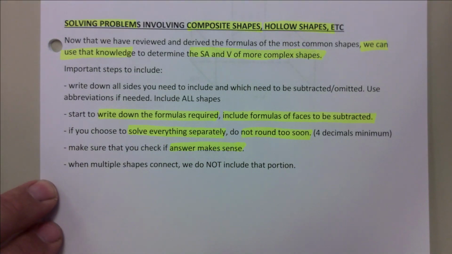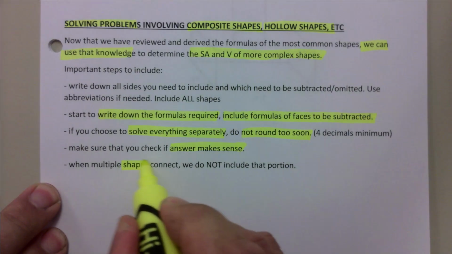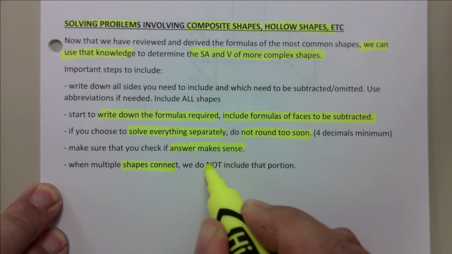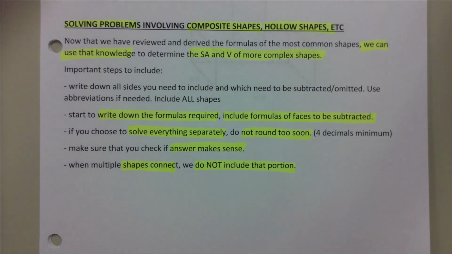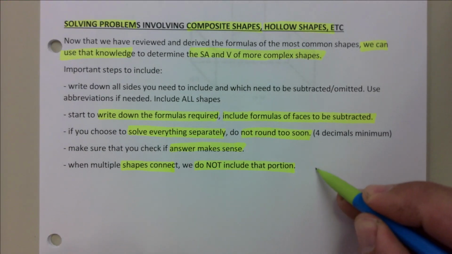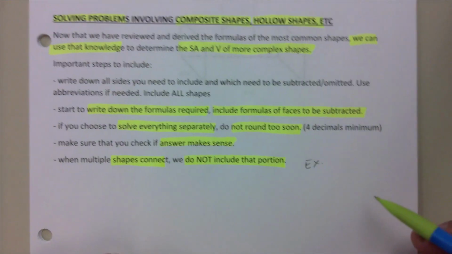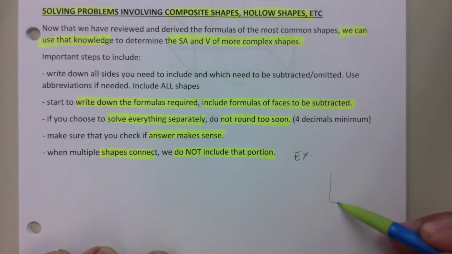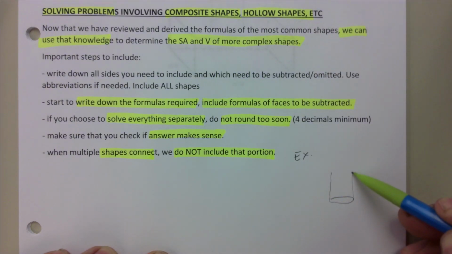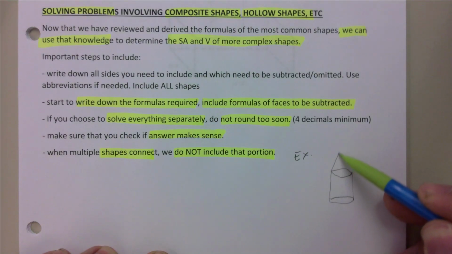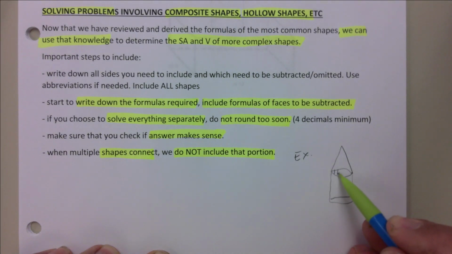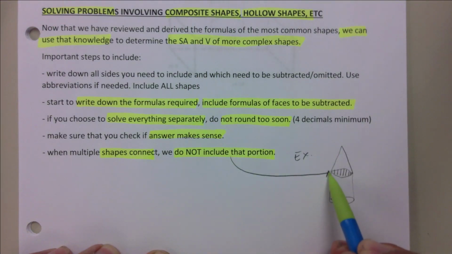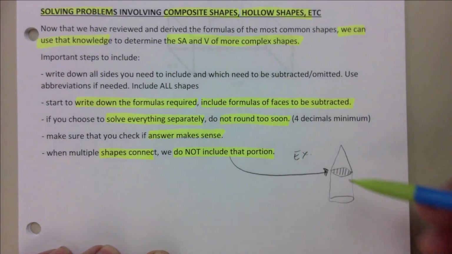When multiple shapes connect, okay? When shapes connect, do not include that portion. So what do I mean by that? An example would be, if you have a cylinder, right, and it has a cone sitting on top of it, this circle right here is what I'm talking about, okay?